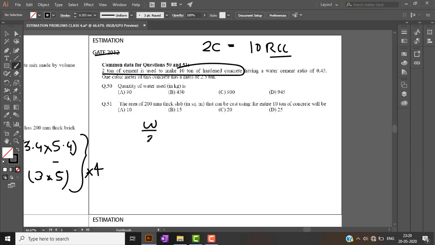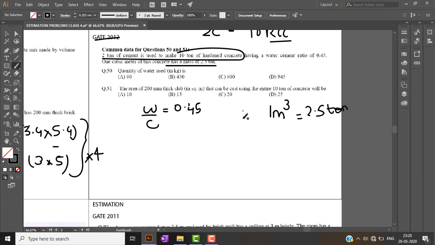Water divided by cement, this ratio is 0.45. 1 cubic meter of concrete has a mass of 2.5 ton. These are the given terms.